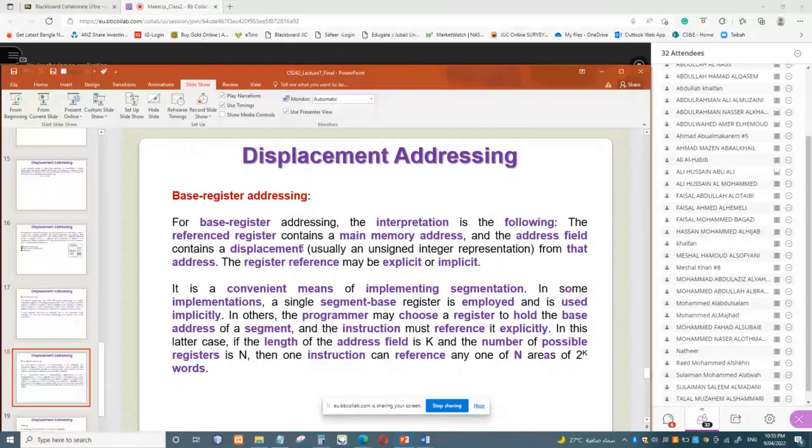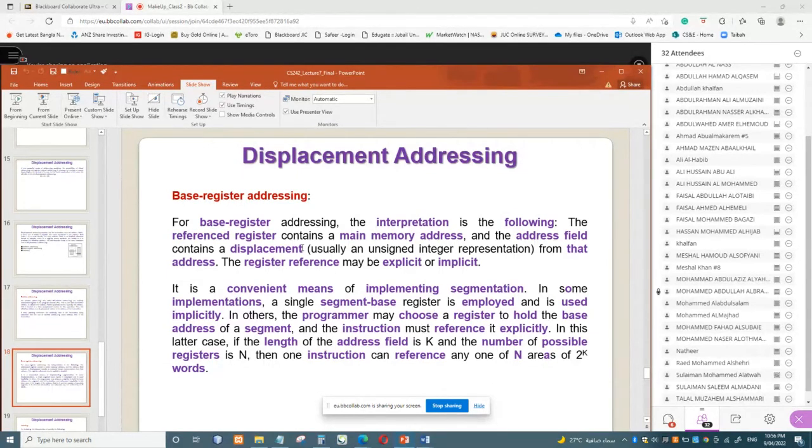But in base register addressing, your instruction contains the number of a register which contains the starting address of some block of memory locations. We call it a segment. Your instruction also contains some displacement. You add the displacement to the starting address of the segment or block, and then you get your effective address. Are you following what I'm saying?